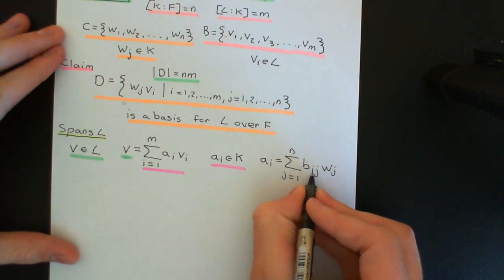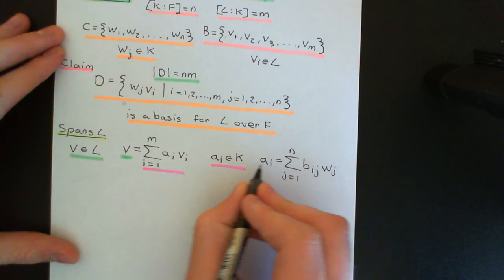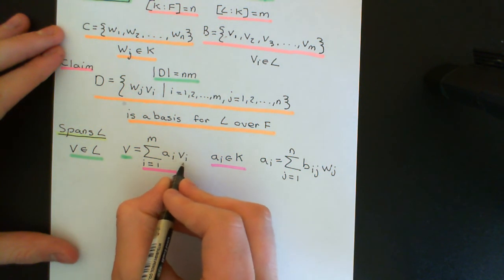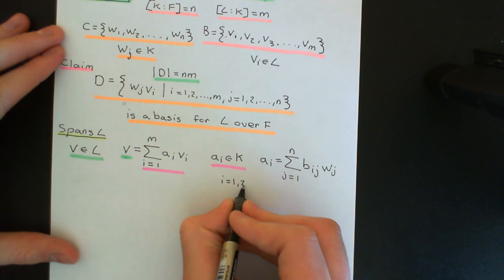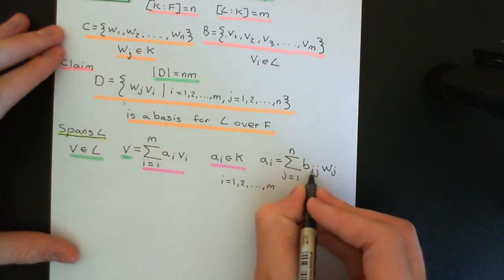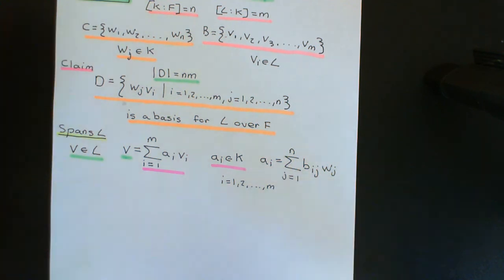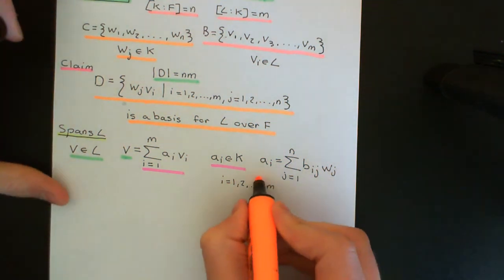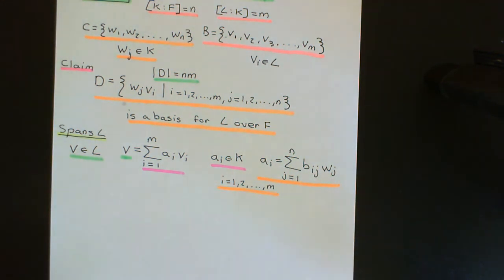So the i here, the first index, corresponds to this i here, so you choose which a_i you're talking about. i can vary from 1 to m here, so i equals 1, 2, all the way up to m. Once you've set your i, that one will then be set, and the j then varies with this sum, and you're summing over j from j equal to 1 to n. I hope you're comfortable with the double index there. It's just nice, convenient notation to use here.